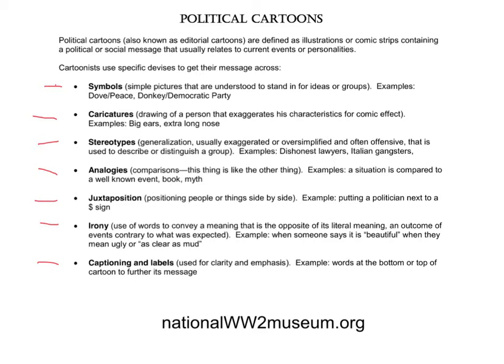Analogies compare a situation to a well-known other situation, maybe trying to connect a historical event or a political idea to something that's happening, or a really well-known story or characters to give people a larger or better connection to that idea. We just talked about juxtaposition earlier, but basically who's next to what, who's in line, how are the people arranged, what do the people look like.